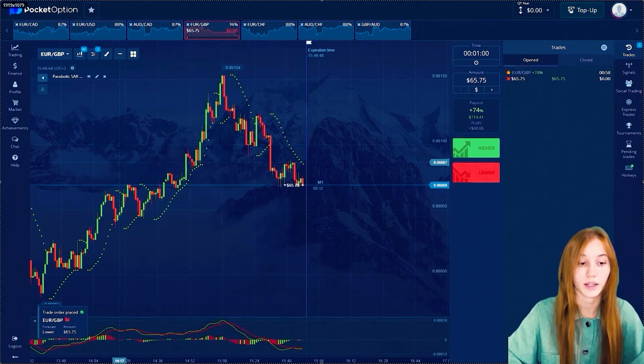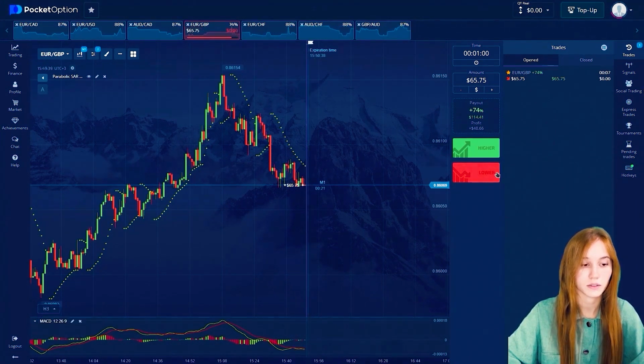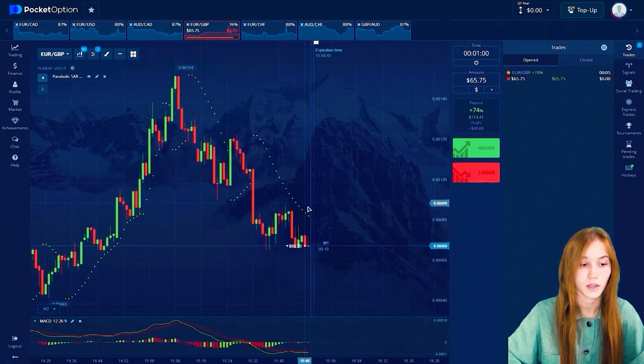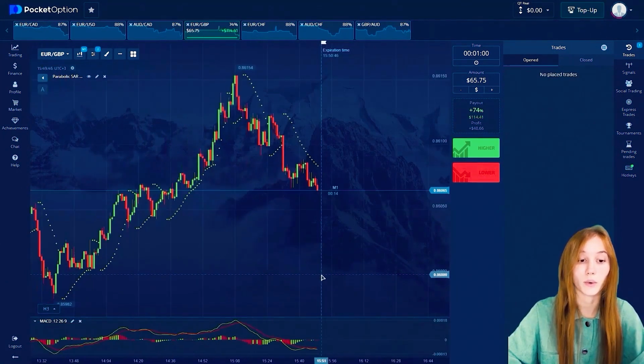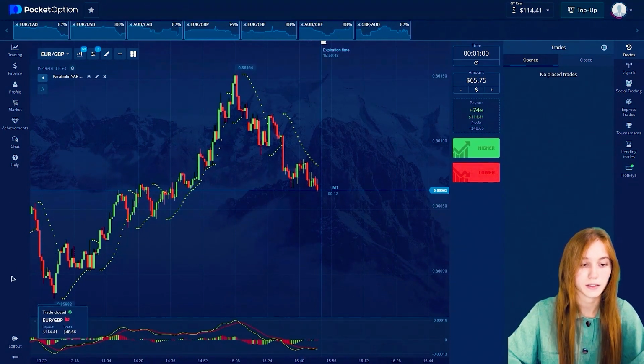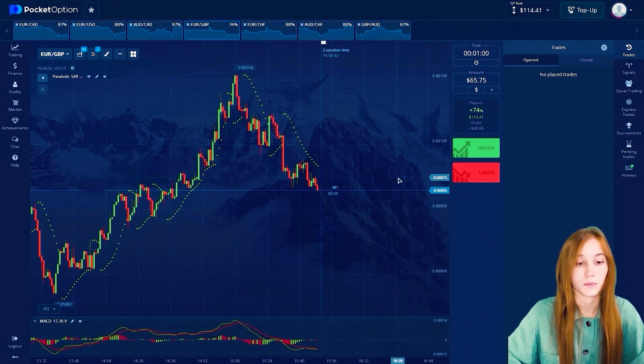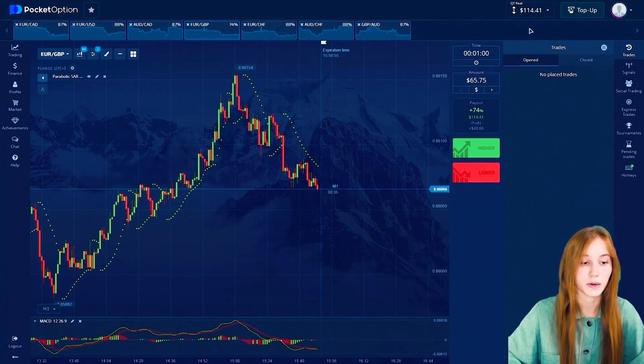We have 3 candles with decreasing. So 5 seconds, of course. Yeah, plus deal. Profit is $48. $10 was, and now it's more than $100 on our balance.